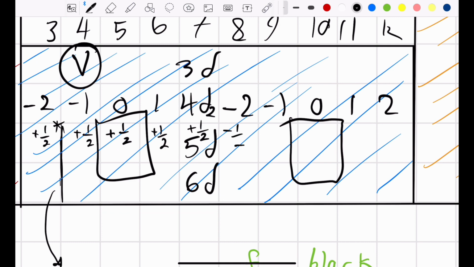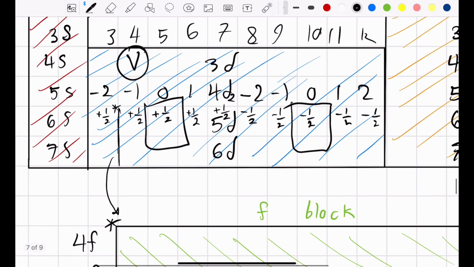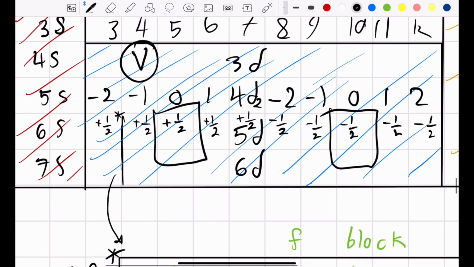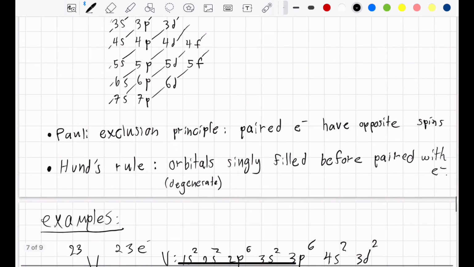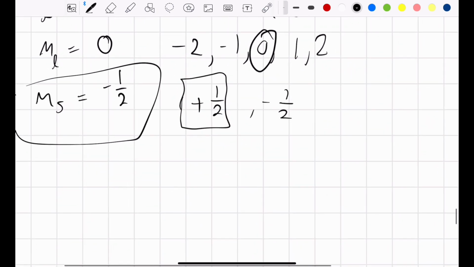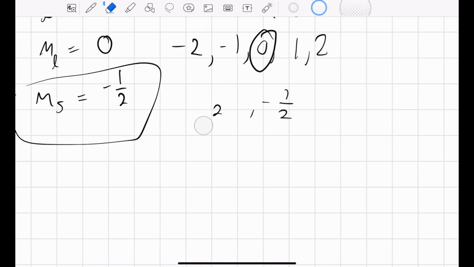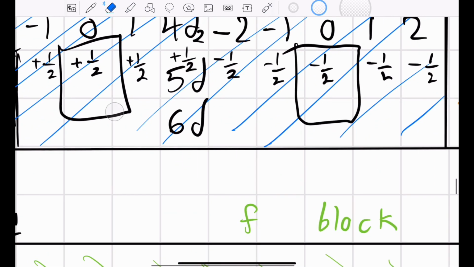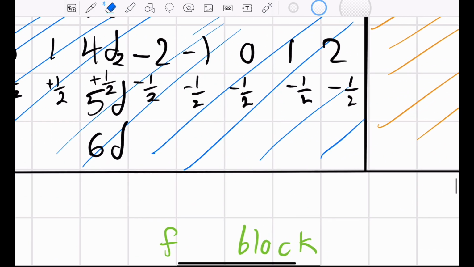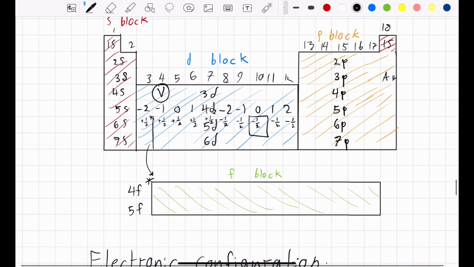So negative 1 over 2, negative 1 over 2, negative 1 over 2, negative 1 over 2, and negative 1 over 2. And now they're all paired. So let's see what our options are. The first option we have says that our electron has a positive half spin, which is just wrong because ours has a negative half spin. So we can conclude that our electron is right here on the periodic table.